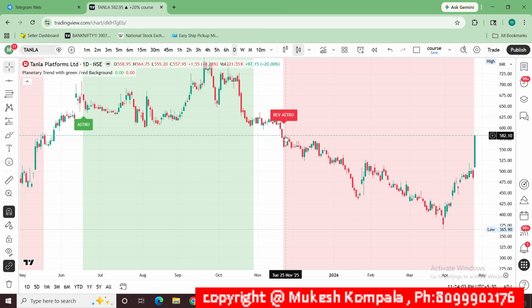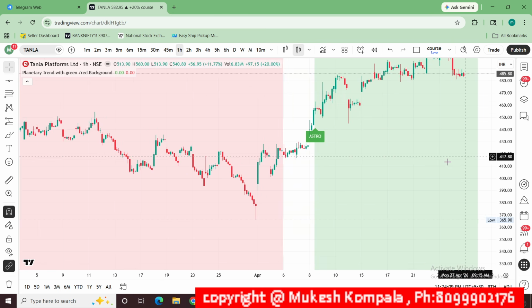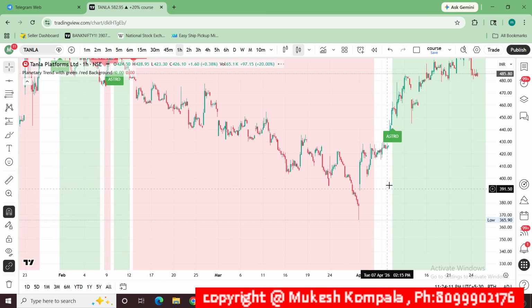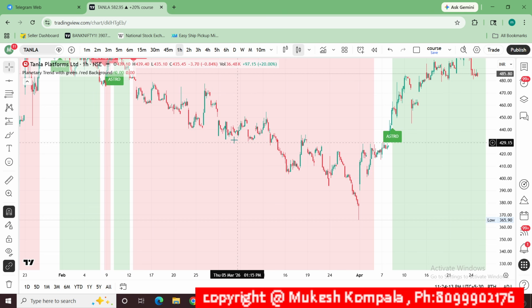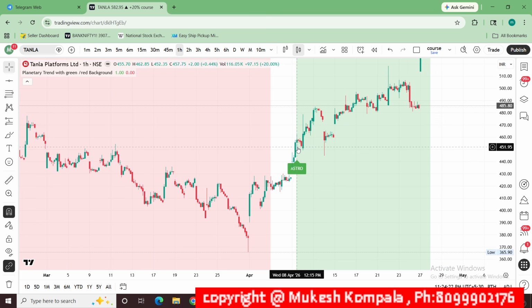Now see this, in the 1 hour time frame. Exactly, it filters out complete manipulation traps, everything will be filtered out. So whenever a move starts, it gives the signal and only then will you enter.